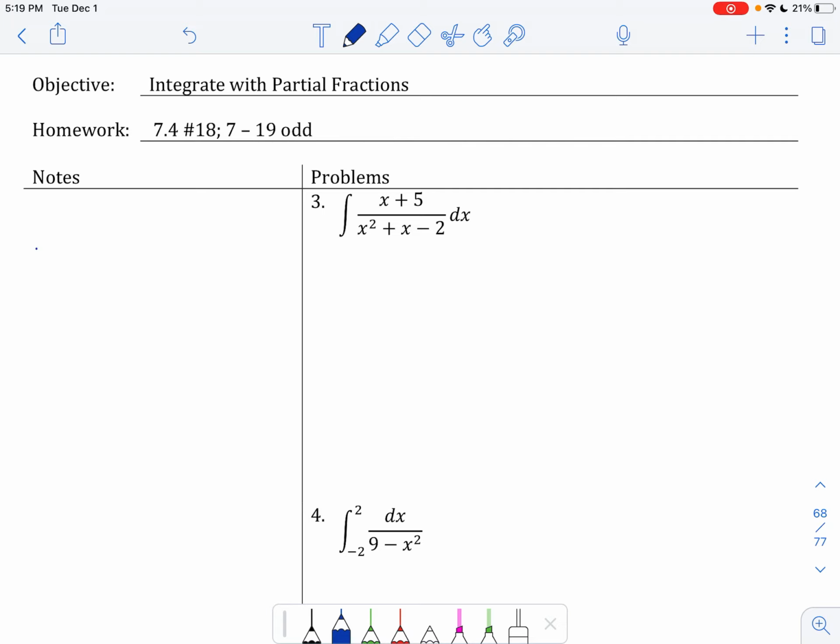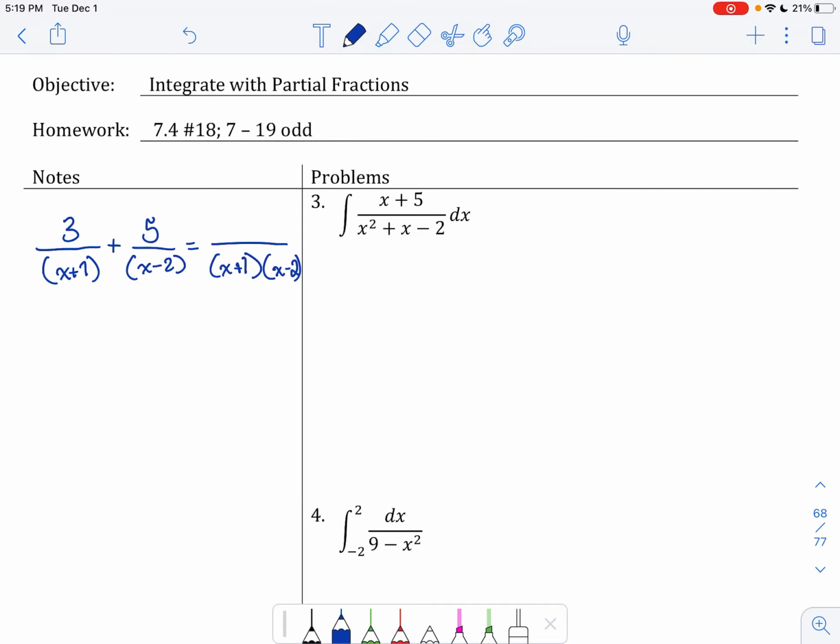It's coming from the idea that when we add or subtract rational fractions, the denominator ends up being the product of the original denominators. So if this is x plus 1 and let's say 3, and this is x minus 2 and this is 5, then the new denominator is the product.